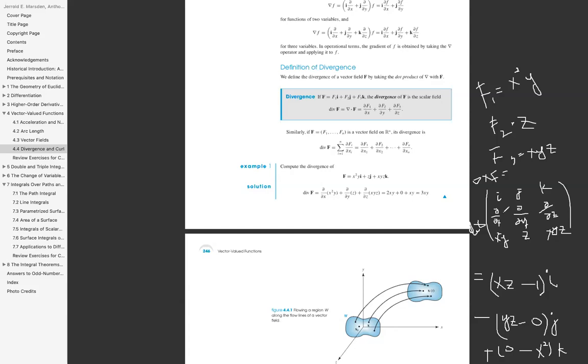So in a special case, if your third component function is 0, so this vector field only applies to R2, for example.